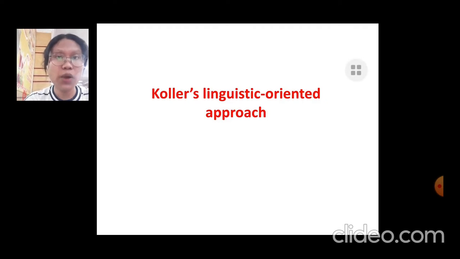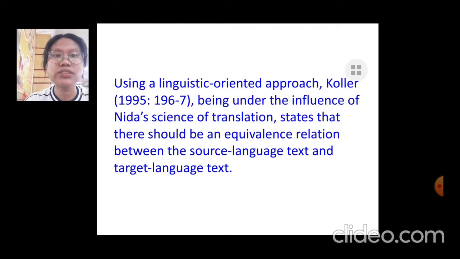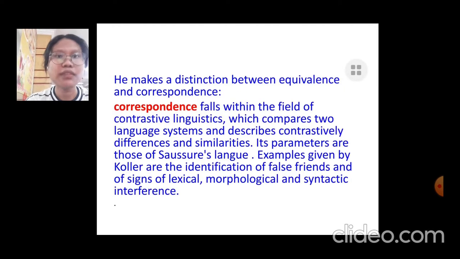I'm speaker 1 and the title of our material is Koller's Linguistic Orientation Approach. Being under the influence of the science of translation, he states that there should be an equivalence relation between the source language text and target language text. He makes a distinction between equivalence and correspondence.